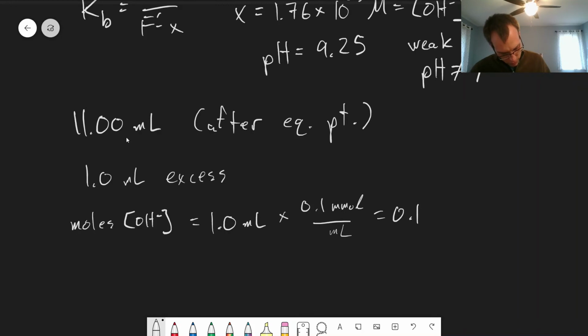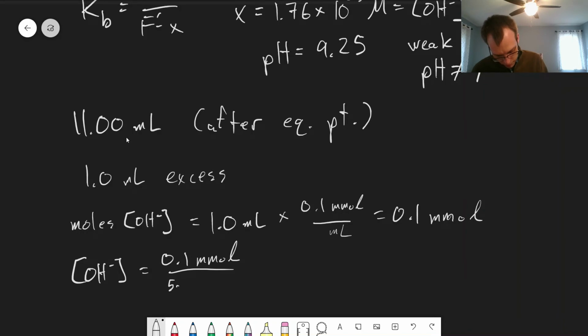So we have 0.1 millimoles. And this should look very familiar because it's exactly what we did with the strong acid, strong base titration. And then we needed to find the concentration of OH minus: that 0.1 millimoles divided by our total volume, which is now 50 plus 11 milliliters, which gives us a concentration of 1.64 times 10 to the minus 3.